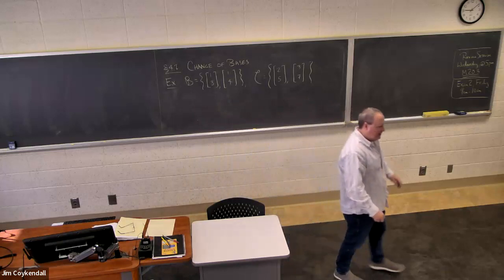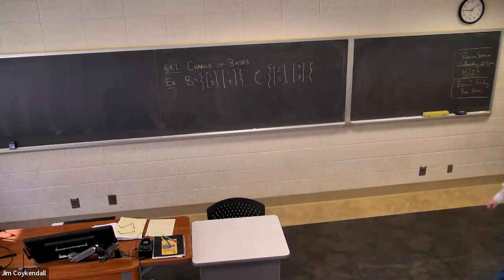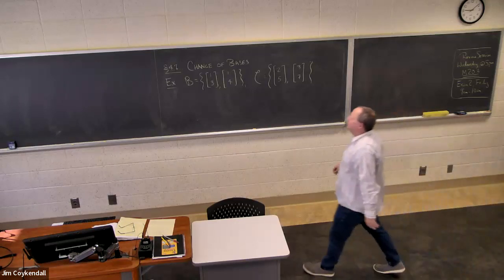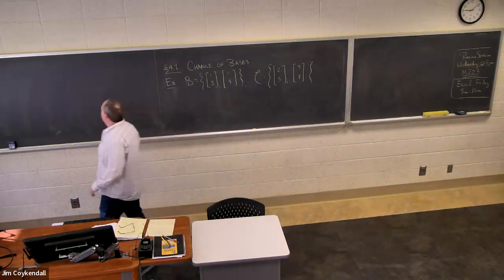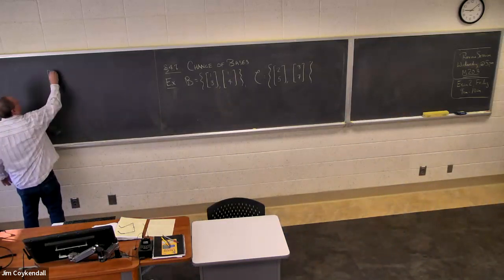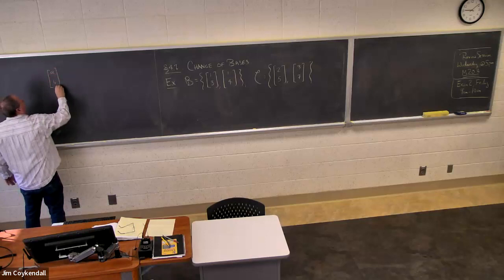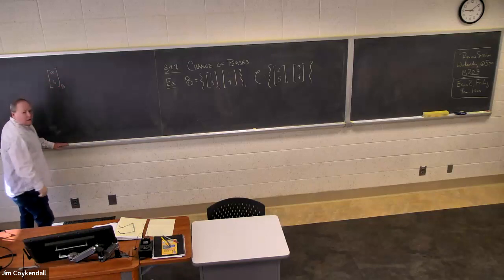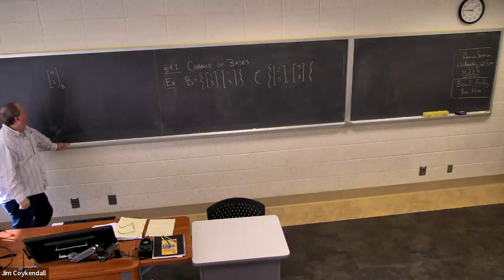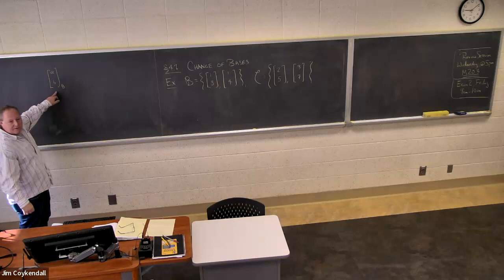Now, let me ask you a couple questions. What do these coordinates mean? What does this vector, a, b in B coordinates, mean? What does this actually mean when you see this notation?